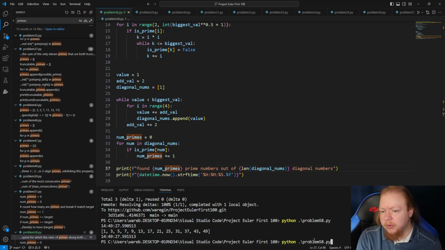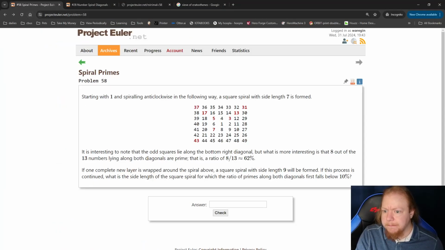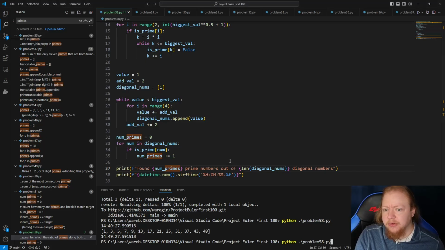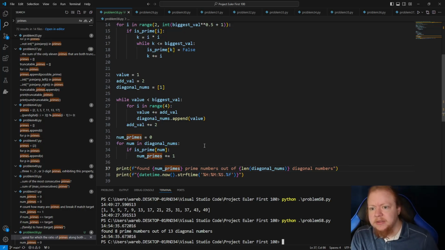And this time it should print out 8 and 13. Okay, so that part is correct.